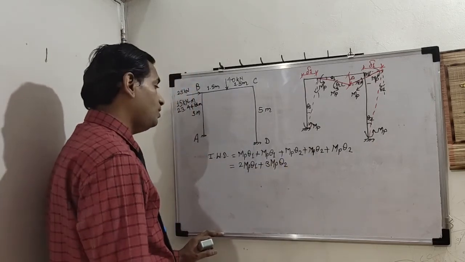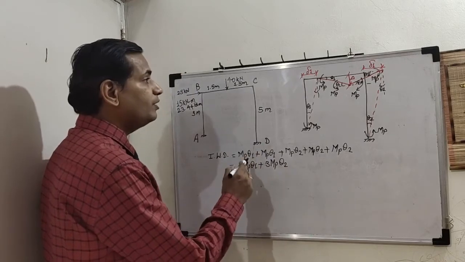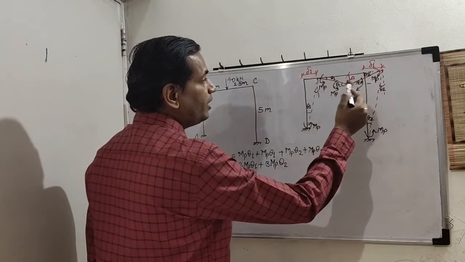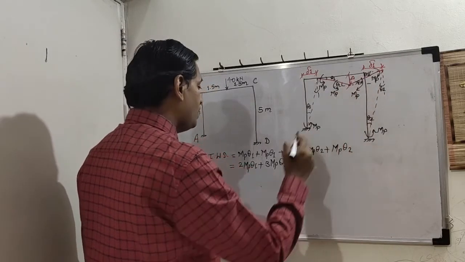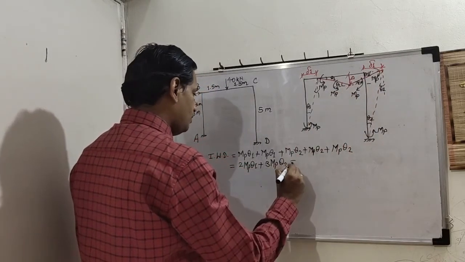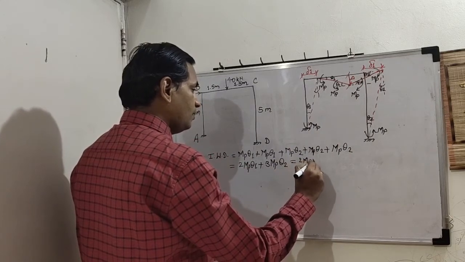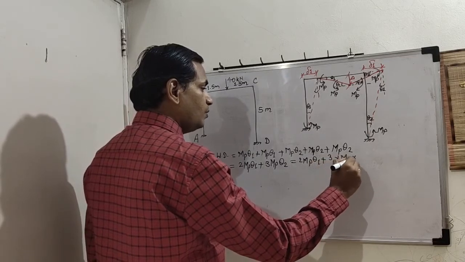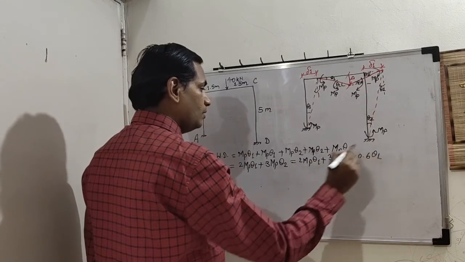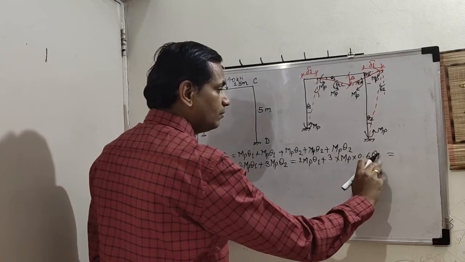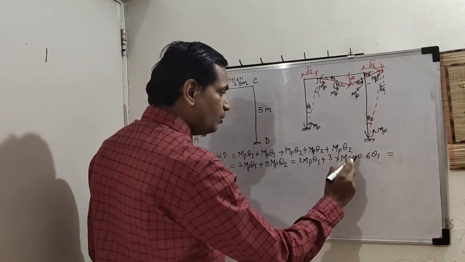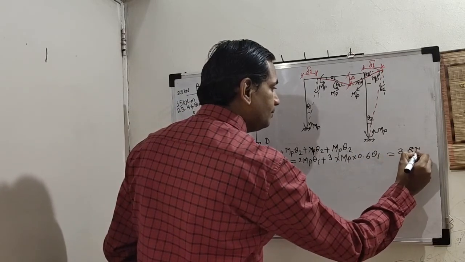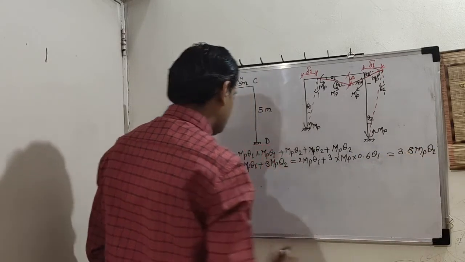So we need relationship between theta 2 and theta 1. So what is that? Again, you can get from this triangle, you will get same. Theta 2 is 0.6 theta 1. Okay, so this is 2 MP theta 1 plus 3 into MP into 0.6 theta 1. Okay, so how much is total? 3 into 0.6 is 1.8 plus 2 is 3.8 MP theta 1.